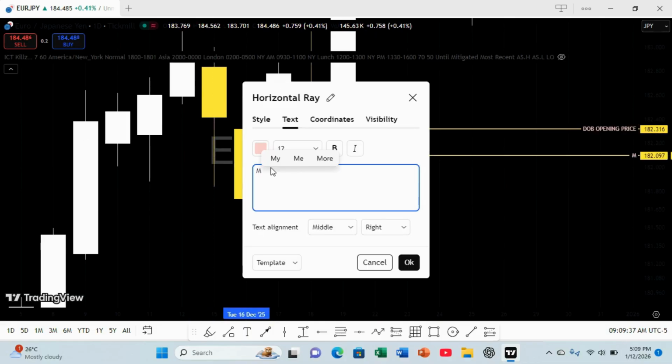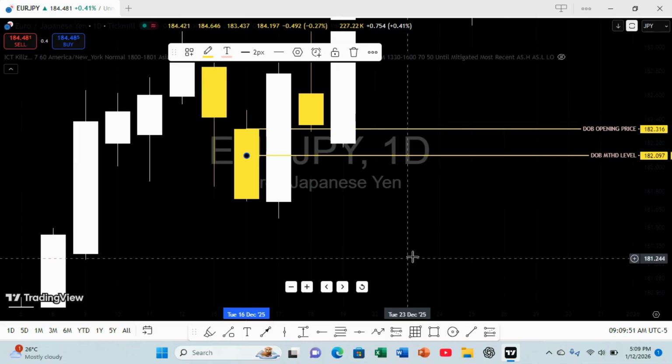This is the main threshold daily OB, main threshold level. You can label it.